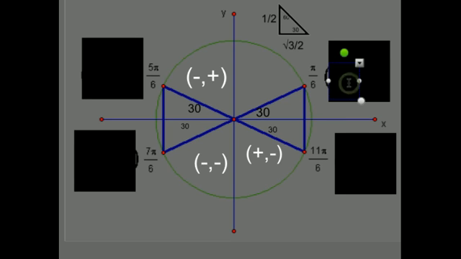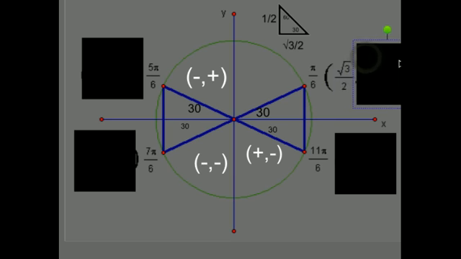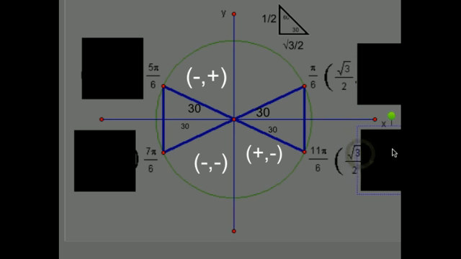That means the x coordinate of this point is square root 3 over 2, because that's how much we've gone out. Also for this triangle down here, it's square root 3 over 2, because that's how much we've gone out, and that's its adjacent side.